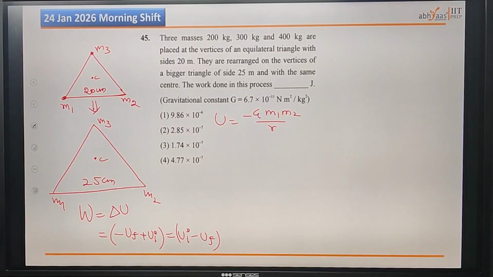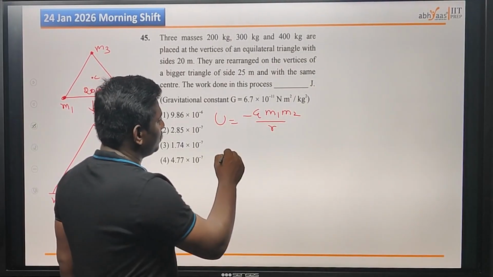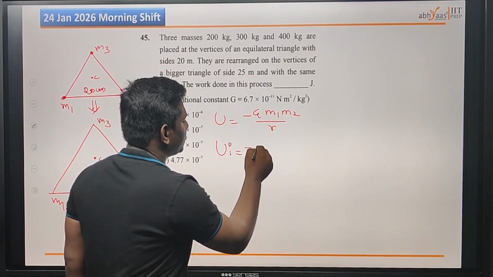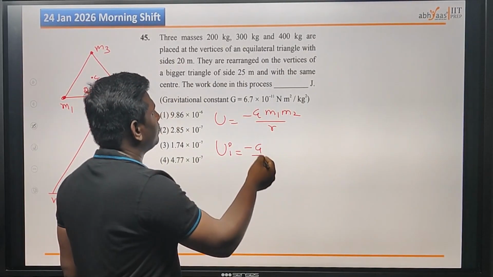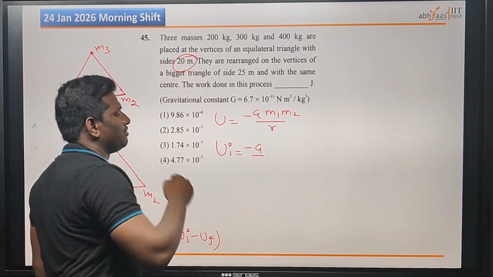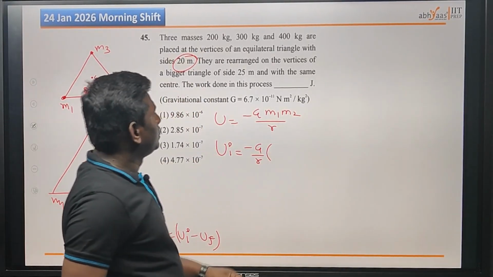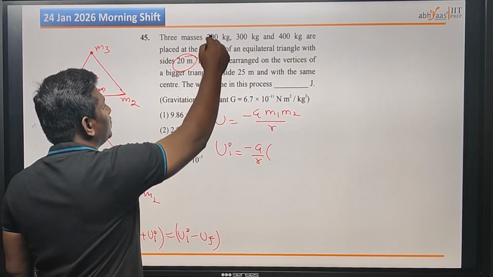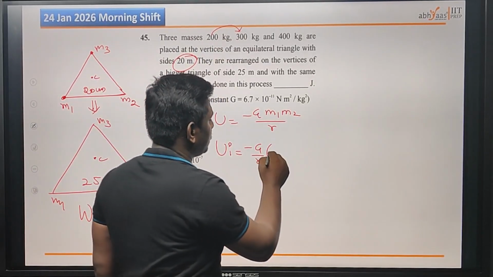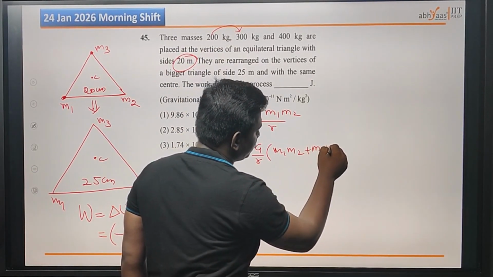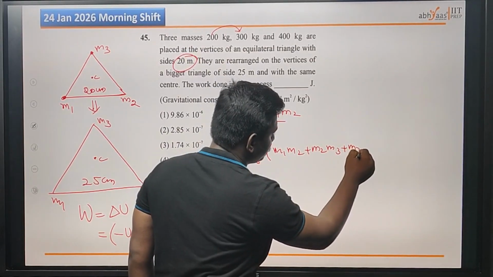What is the change here? The only change is the side, but the masses are the same. So see here, U initial can be written as, I am writing G outside and R outside, minus G by R. What is this R? 20. G by R into M1 into M2 plus M2 into M3 plus M3 into M1.